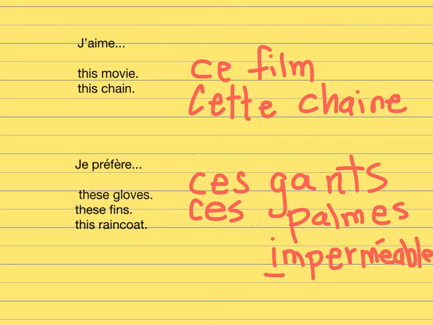Now, did you realize that it starts with a vowel? So what happens to ce before a vowel? We don't use ce, we have to add a letter to it for sound. We use cet, cet imperméable. Now, let's use these in sentences. Let's use these as we clean out my closet. Time to throw out some clothes.